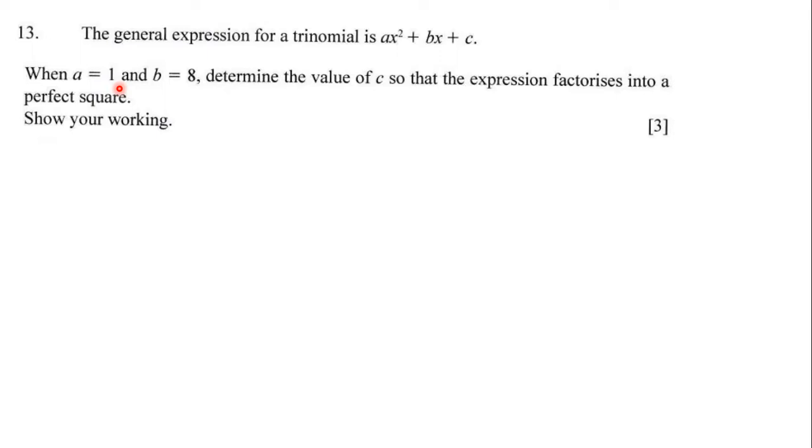All right, so when A is equal to 1, B is equal to 8, determine the value of C. So this question factorizes into a perfect square. But usually these stuff are so easy though. Watch, let me just show you. Then they don't be complicated at all. One thing I can respect the BGCSE and the BJC for, they don't go hard on you.